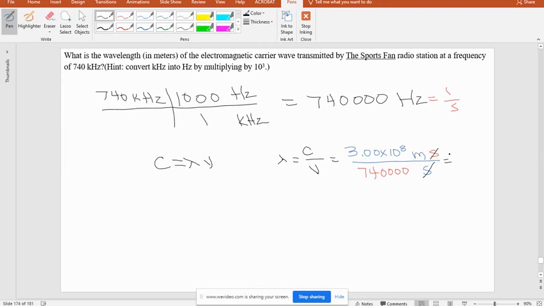So if we put this in our calculators, we end up with 405.4, and then it keeps going, is what comes up, but this can only be a 2 sig fig answer. So we would round this up. It would become 410 without a decimal, and that would be meters, and that would be your final answer then.